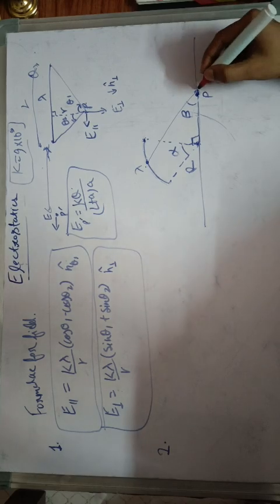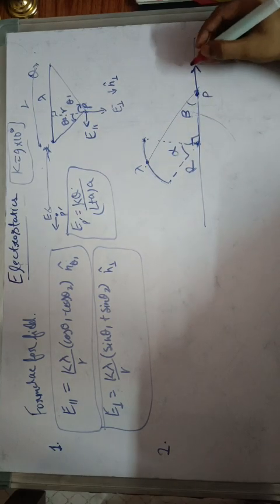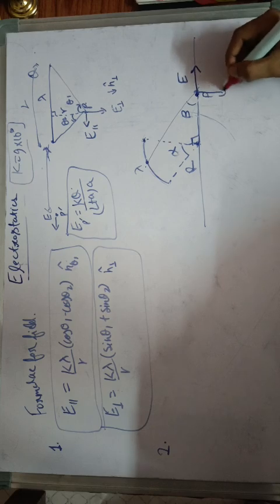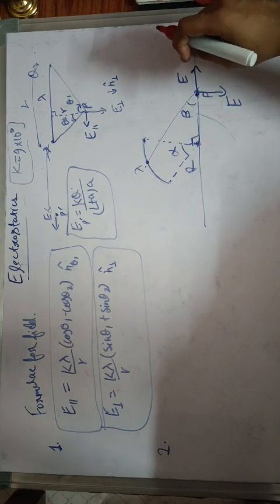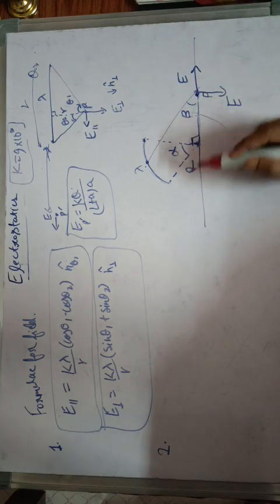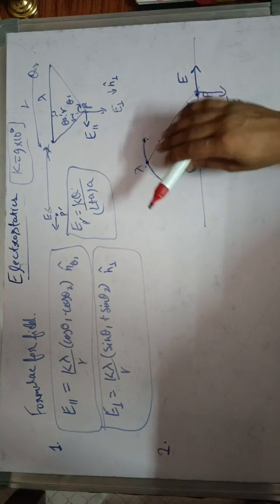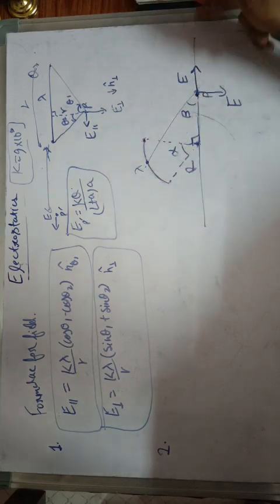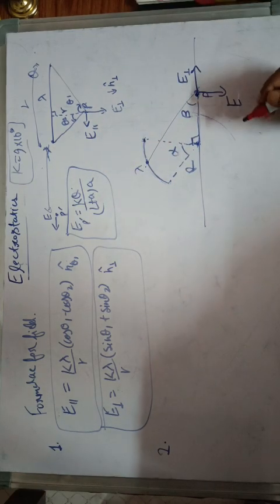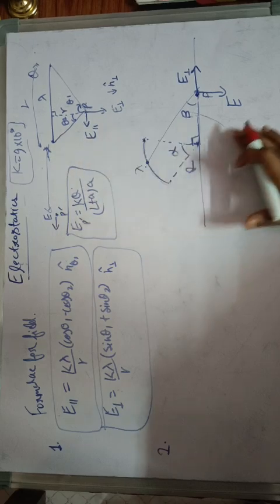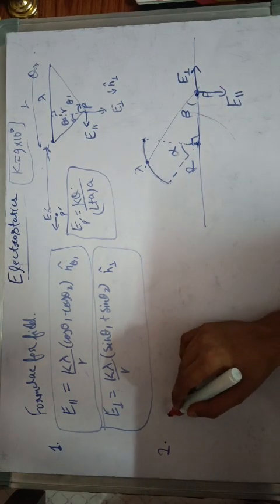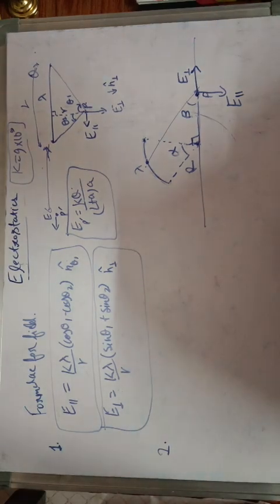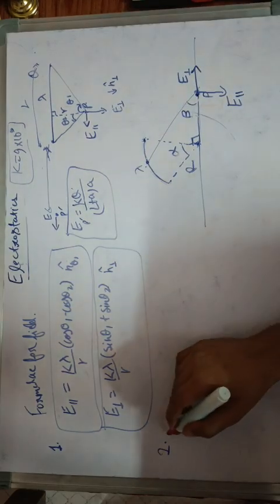Now I know that there would be some field in this direction and some field in this direction. The total field at this point can be represented as the sum of these two fields. The field perpendicular to the plane of the arc we will call E perpendicular, and the field parallel to the plane we will call E parallel. Again here we have a formula for E perpendicular and E parallel.